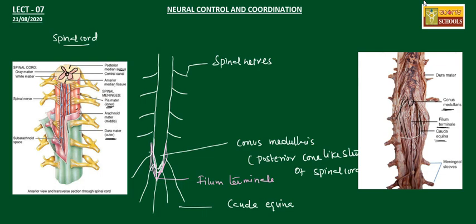As I mentioned a butterfly shape of the gray matter, I can also say the gray matter will be in the shape of the letter H. And we will see two enlargements along the spinal cord at two different locations.